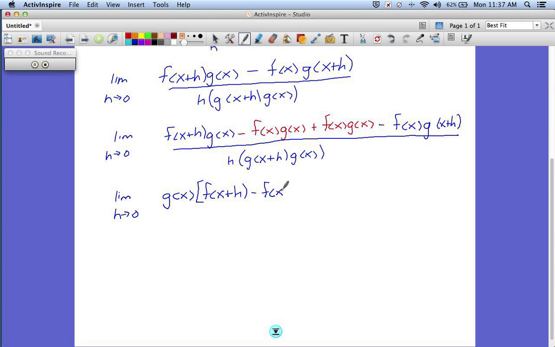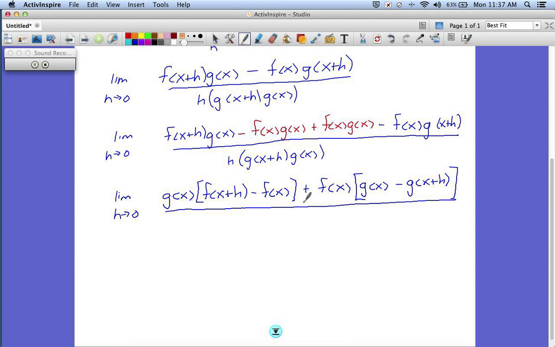And I think you can already see where I'm going with this. Over here we can pull the f of x out. I pull out f of x, and I get g of x minus g of x plus h. And that one might concern you a little bit, but let's keep going with it and see what we get.